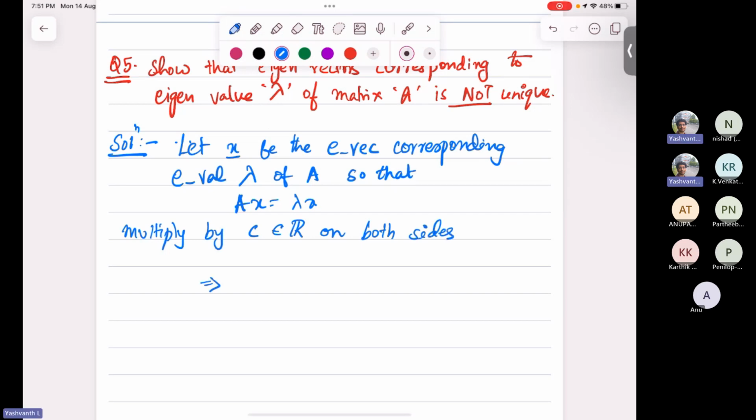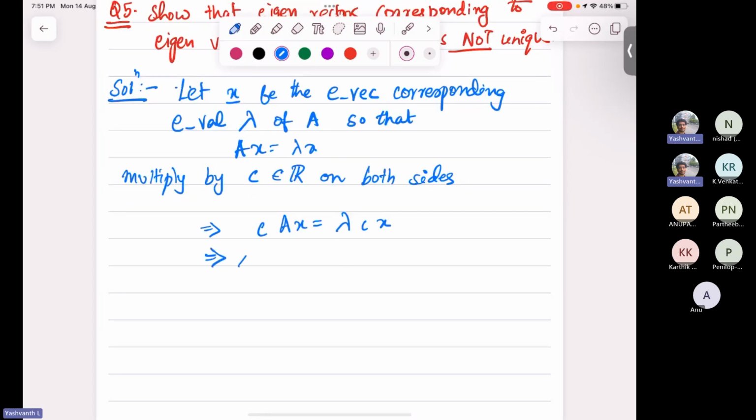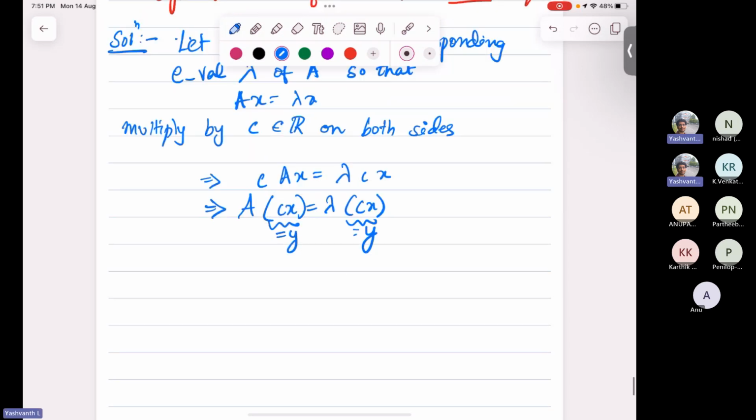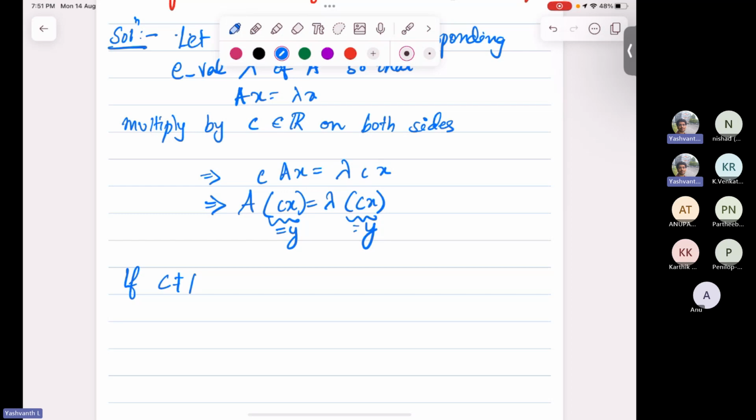Then C into Ax equal to lambda C into x. You can write this as A into Cx equal to lambda into Cx. Call this y. If C is not equal to 1, it implies x is not equal to y. But still, Ax equal to lambda x and Ay equal to lambda y.